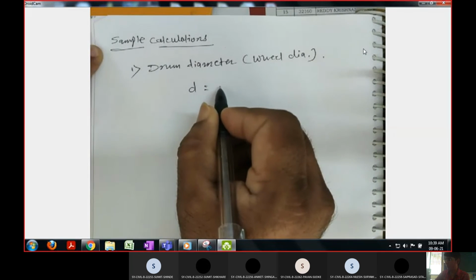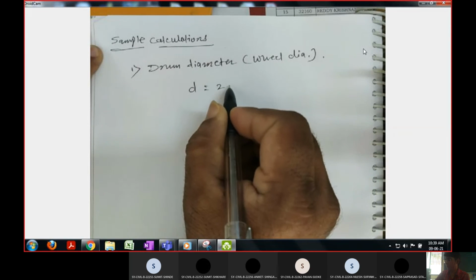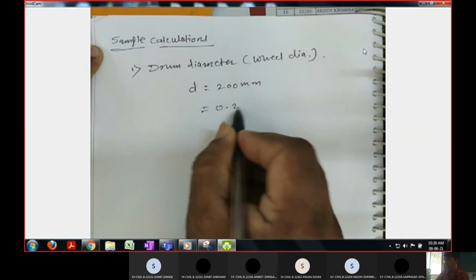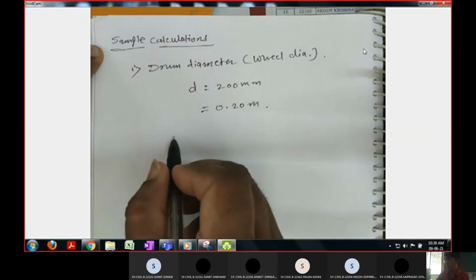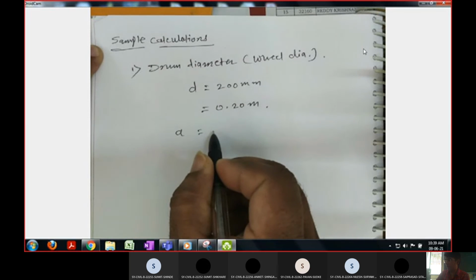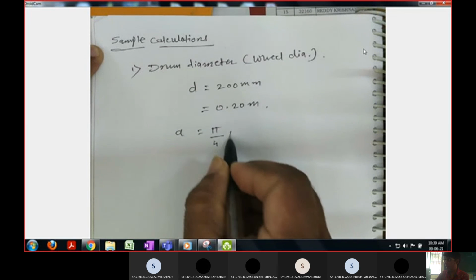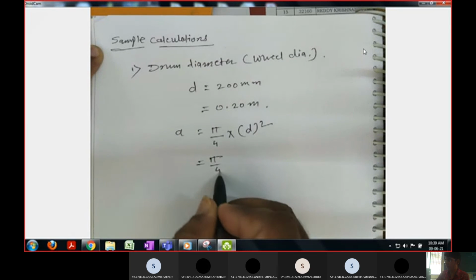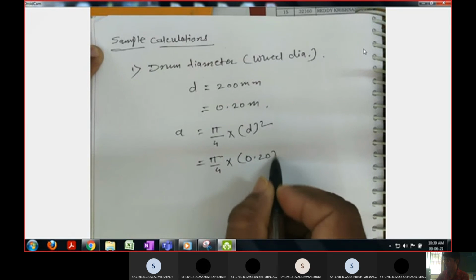So D is equal to 200 mm, that is 0.20 meter. Once we have the diameter, we can calculate the area: pi by 4 into D square, so pi by 4 into 0.2 square.